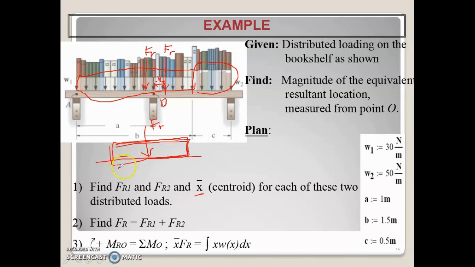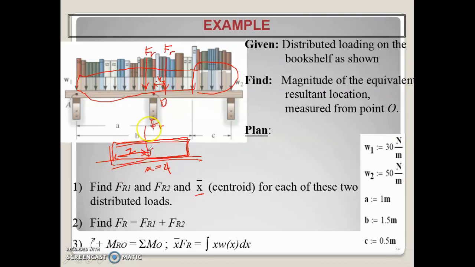Or the distance of the distributed load. Let's say if X here is equal to 4, the F resultant will act at the center along this X, which means that it will act at the distance of 2.